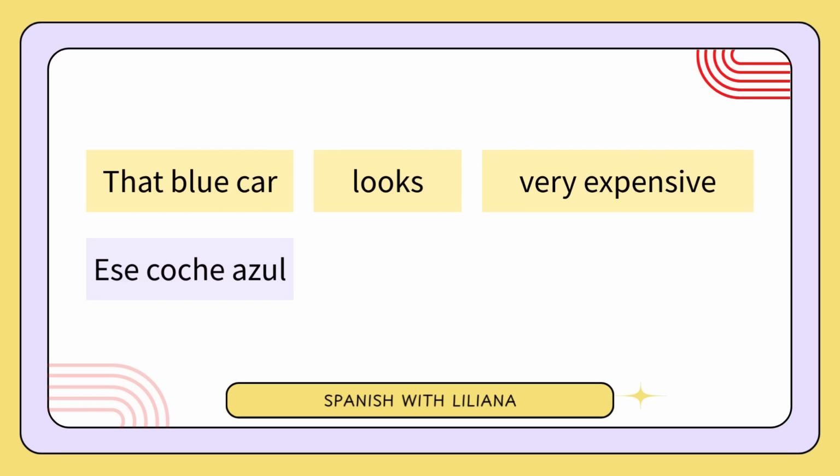So it becomes ese coche azul. Looks in Spanish can be parece. We have to conjugate it to the third person singular. Parece. And then very expensive, muy caro. Ese coche azul parece muy caro.